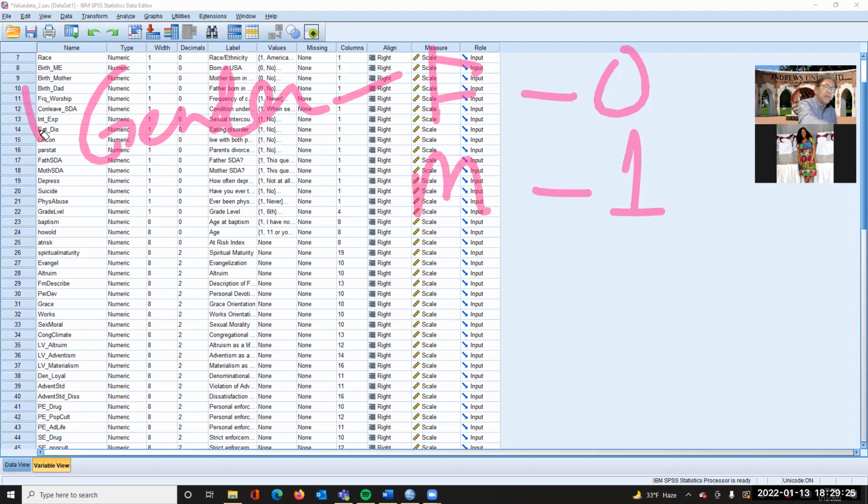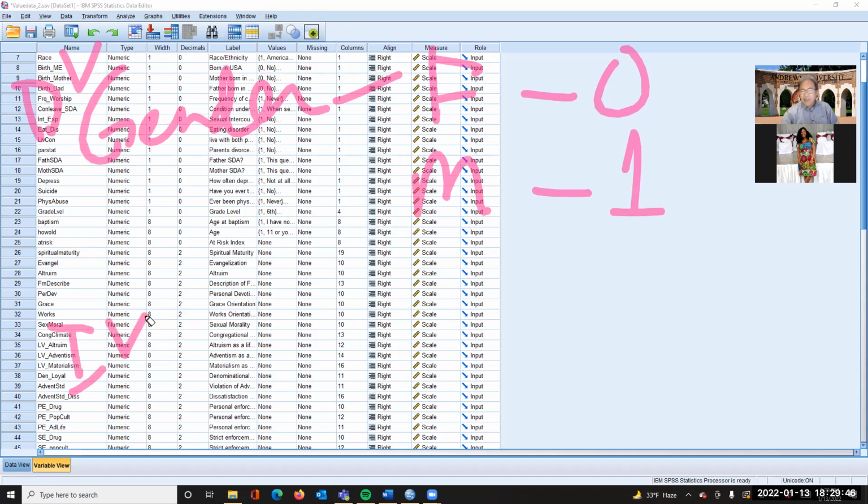So this is your dependent variable. In other words, you want to determine if there are gender differences on a number of variables that are both categorical and continuous.